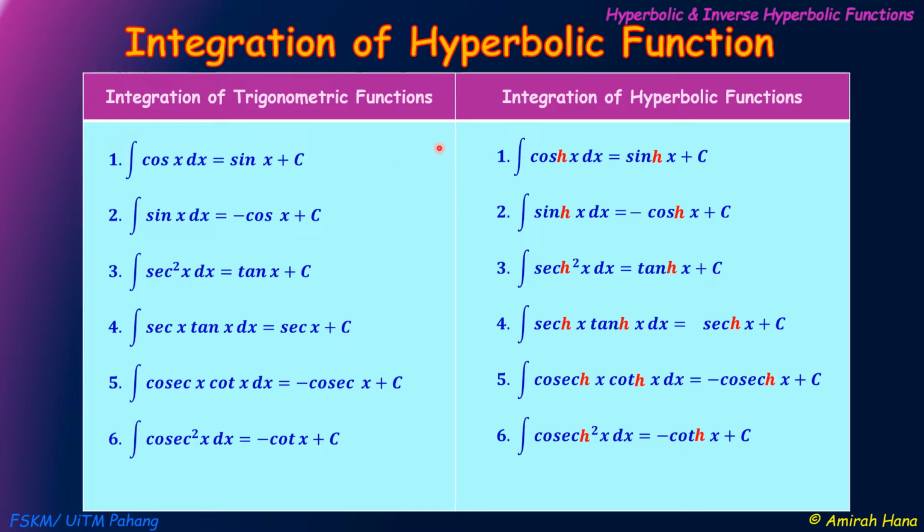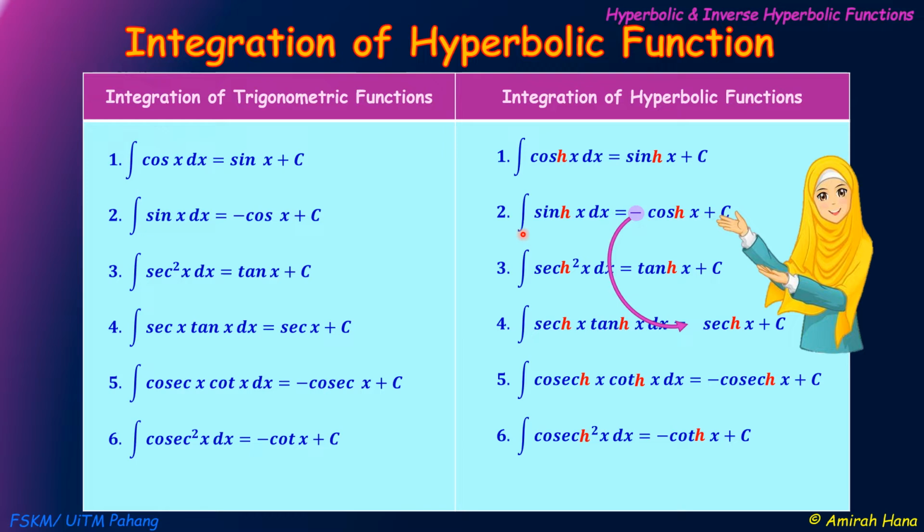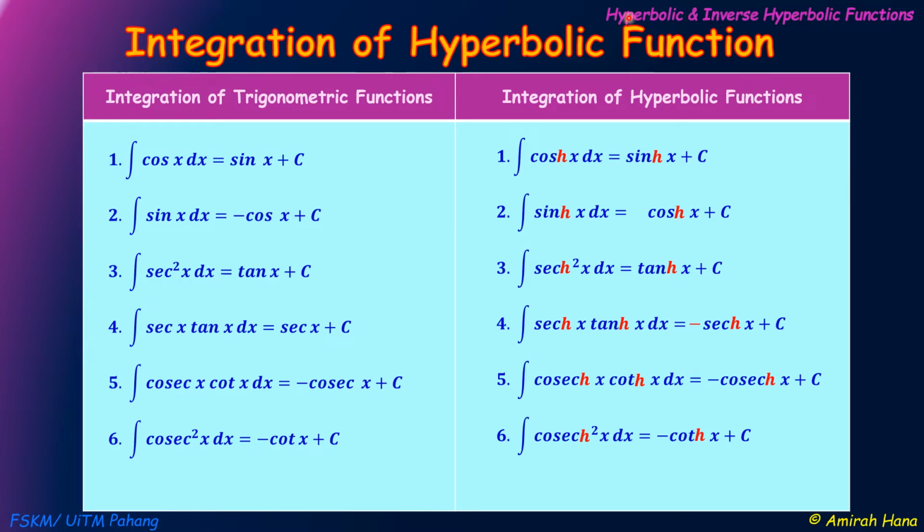If we compare the integration of trigonometric functions and the integration of hyperbolic functions, the negative symbol from the second formula moves to the fourth formula, right? I repeat, the first three are positive when integrated, whereas the last three are negative.